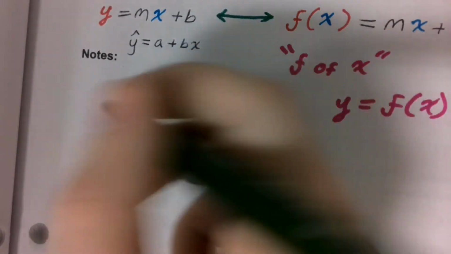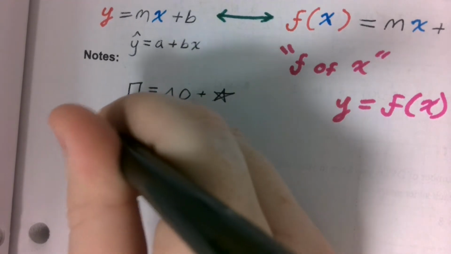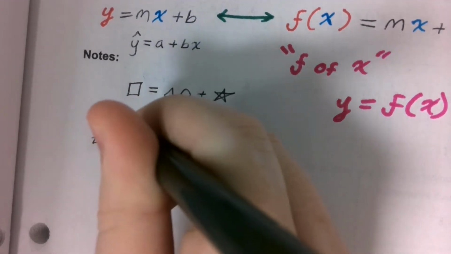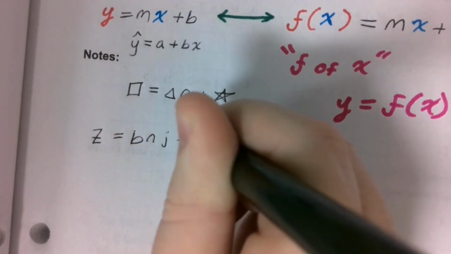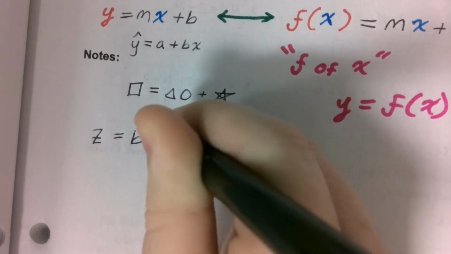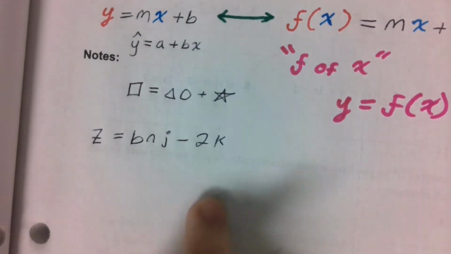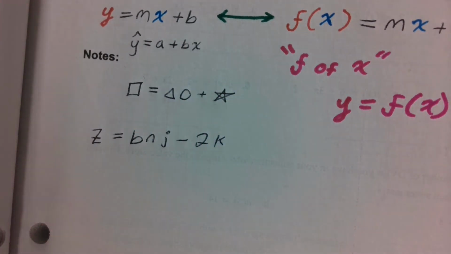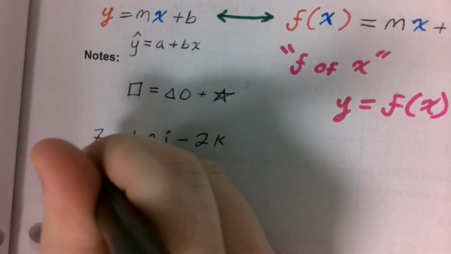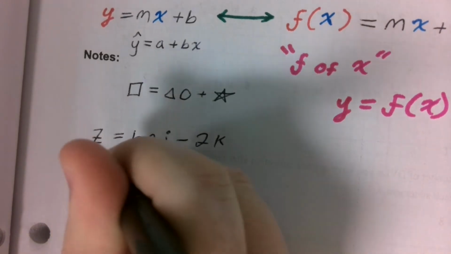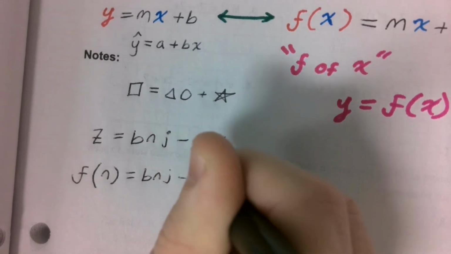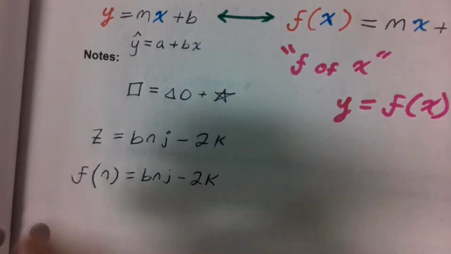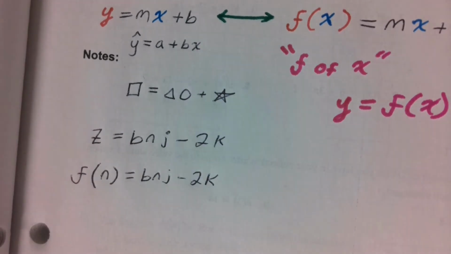If I had a complex formula with a bunch of letters, something that looks absolutely ridiculous, something like z equals bnj minus 2k, I am clueless about what my variables are supposed to be. But if I rewrote it as f of n equals bnj minus 2k, we can identify what our two variables are.